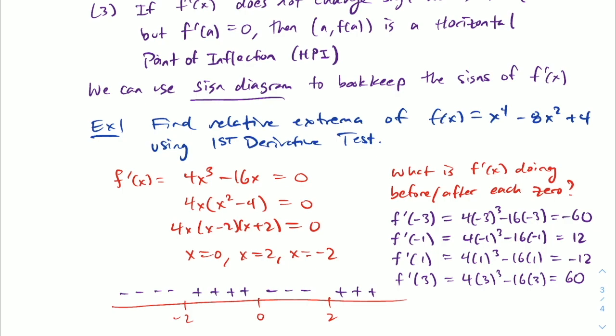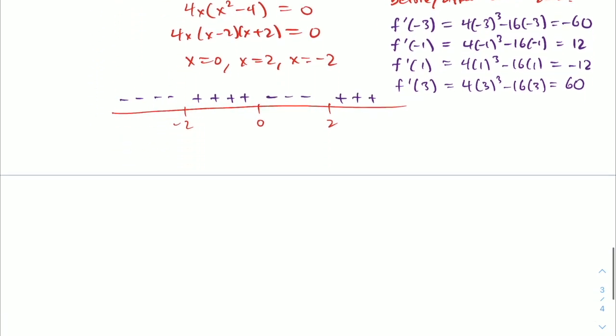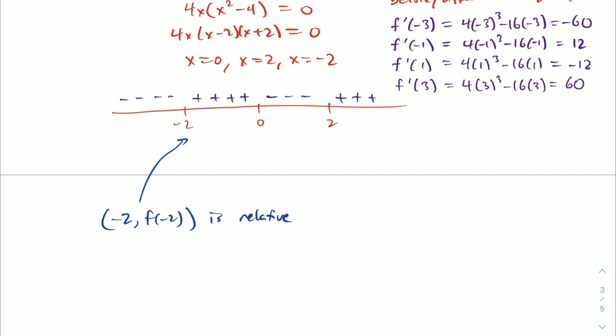All right, so now we can identify the relative min and relative max. We can see that at negative 2, f of negative 2 is a relative minimum point because the slope before negative 2 is negative and the slope after negative 2 is positive.